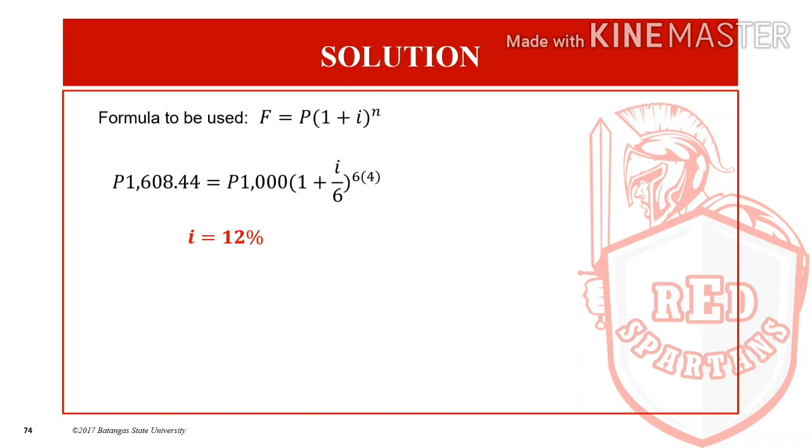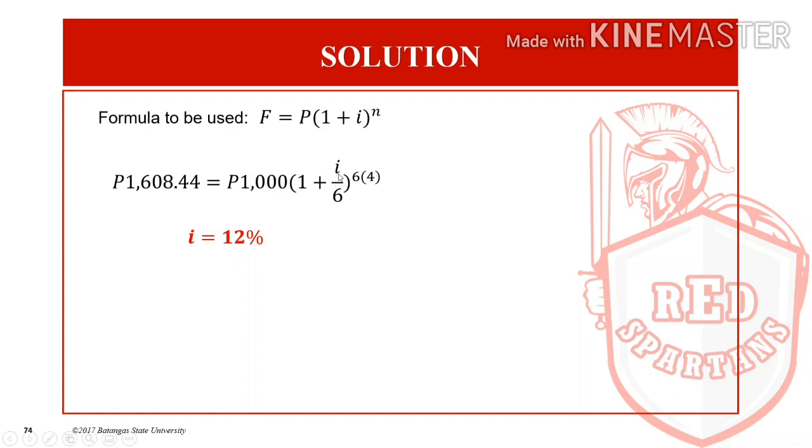So, substitute lang natin dun sa ating formula na F is equal to P times 1 plus I raised to N. 1608.44 is equal to 1,000 multiply sa 1 plus I, yung ating hinahanap, over 6 since compounded bi-monthly, raised to 6 times 4 years. So, kapag nag-shift solve kayo, lalabas dyan I can't solve.